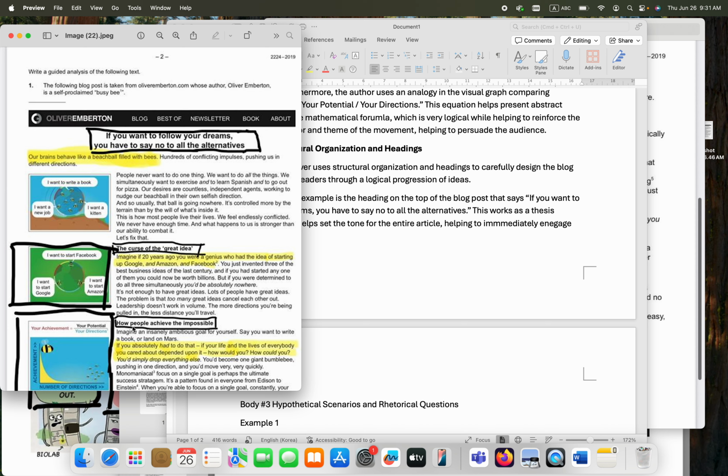And this one, how people achieve the impossible, right? So what does this do? Well, it helps break down the article into sections, right? So addressing different parts of the argument. So it's very brief, clear, and visually separated. And then, which increases the effectiveness and helps capture the audience's attention, right?